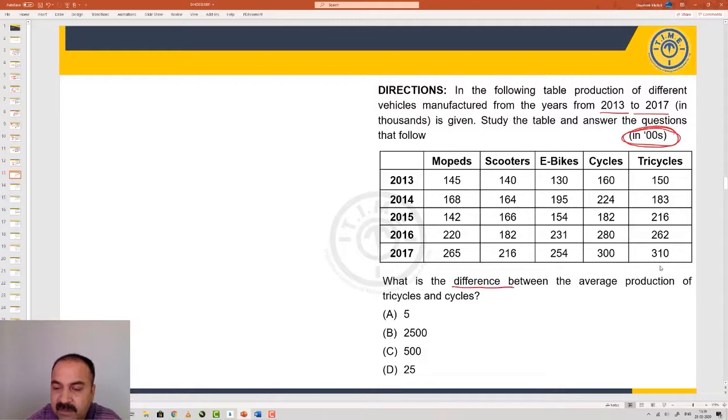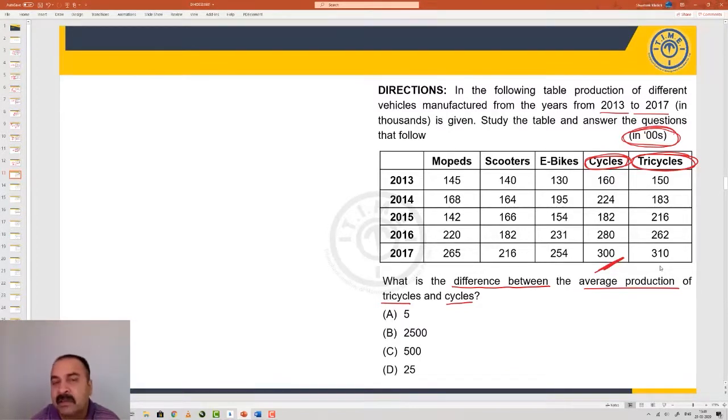What is the difference between average production of tricycles and cycles? Average production of tricycles and cycles. So we'll have to find the average for the duration because they have not told you for which year and it's an average.